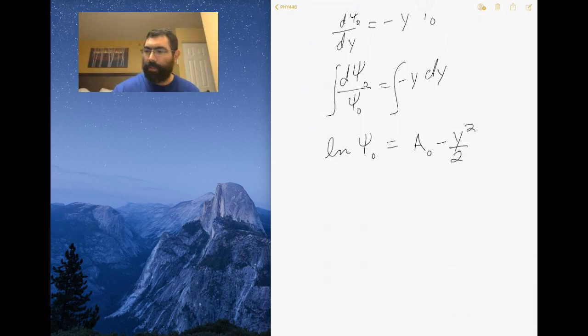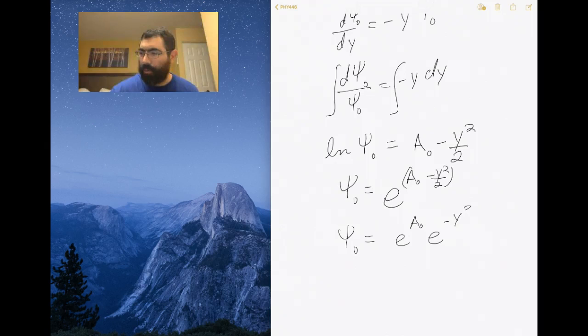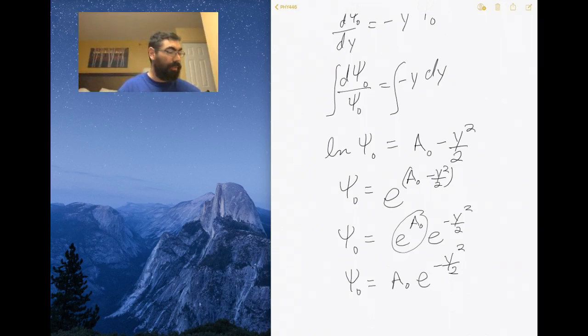And if I now make this into an exponential, then I get e to the a sub 0, e to the minus y squared over 2. This is a constant again. So the wave function is a sub 0 e to the minus y squared over 2, which looks very familiar.